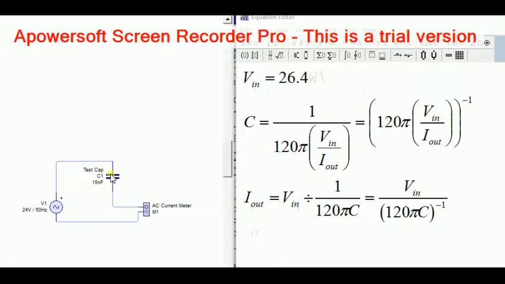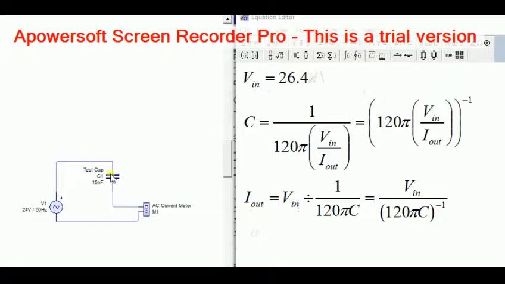You could put a resistor in, but that'll probably change your whole measurement. We can just eliminate the resistor for the small capacitors we're going to be using.